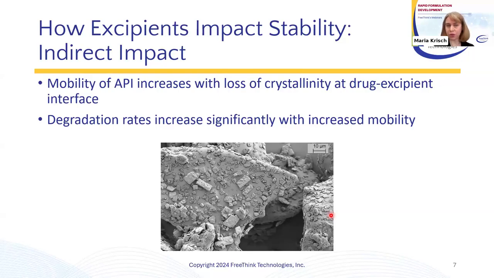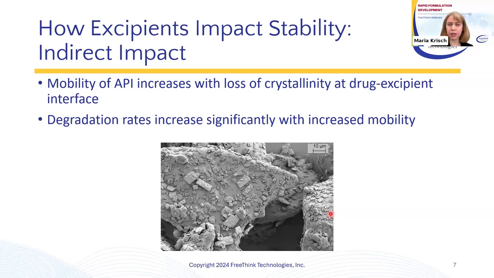So I like this image as a mental picture of what might be happening on the microscopic level in a drug product. So here you have little bits of crystalline API, and they're clinging to this much larger amorphous excipient, right? And so if you think about it, the environment in the middle of one of those little crystalline API pieces, it's a homogeneous, well-ordered crystalline environment.